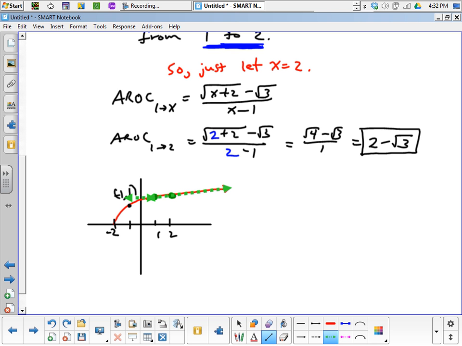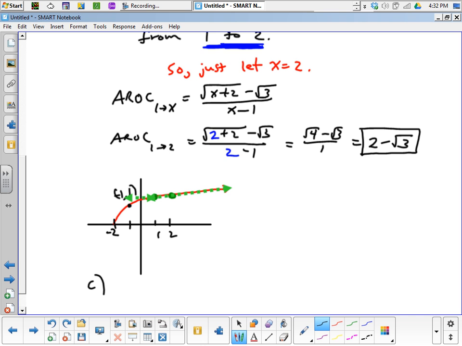Okay? Alright. So do you think that instead of just finding the slope, we might be able to find the actual equation of that line? You bet. So that's actually our next goal, to find the equation of that line.